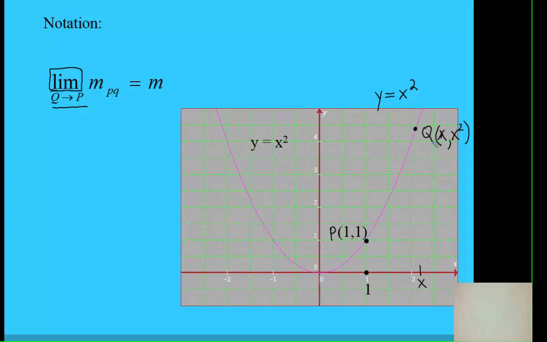From these 2 points, we could draw in our secant line, and we were able to calculate the slope of this secant line. Now over here, this is representing the slope of our secant line. In mathematics, we let m represent the slope of a line, and then we have the subscript PQ. That indicates we're finding the slope of that secant line.